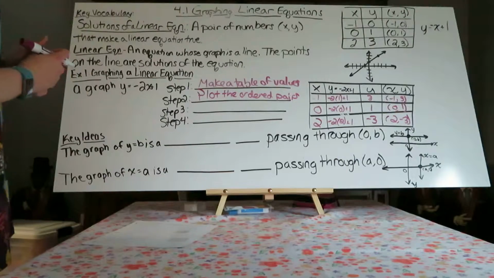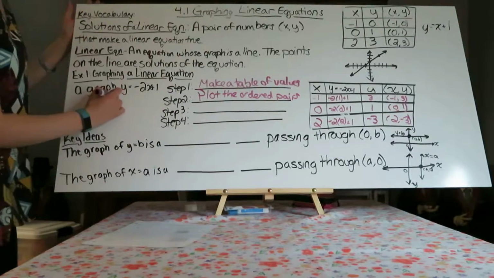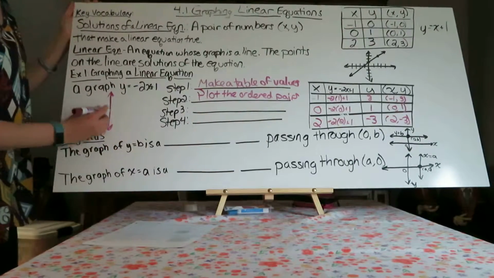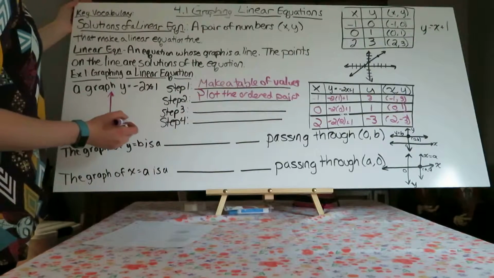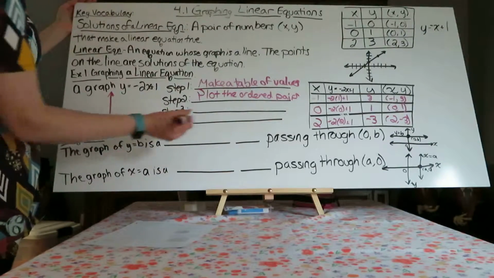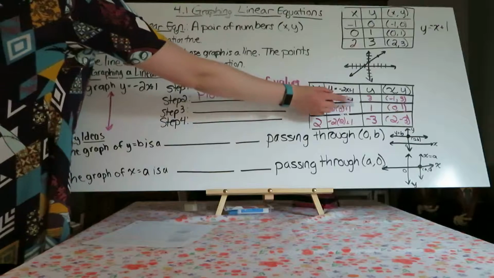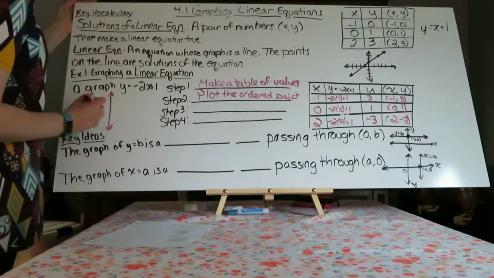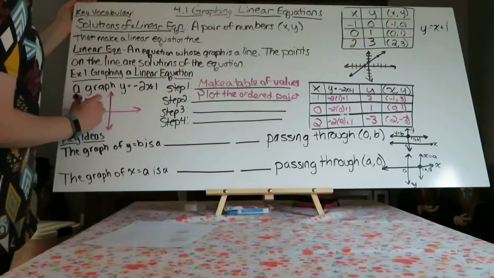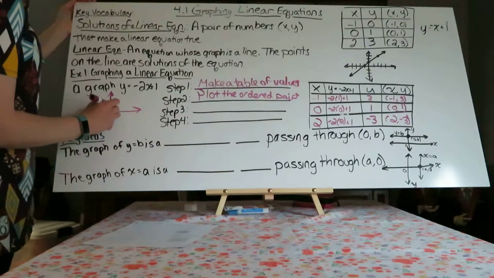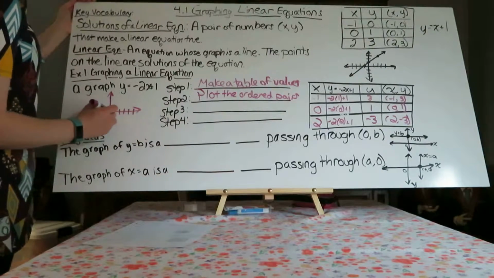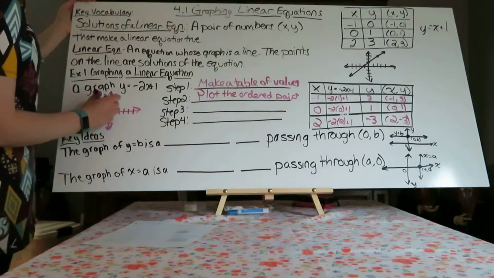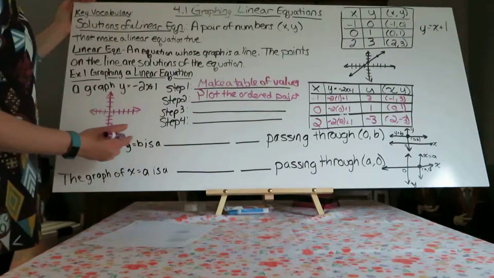All right, so I'm actually going to draw that over here. We know that for our x's, you want to go from -1 to 2, and for the y's, you want to go from -3 to 3. Do the best that you can.